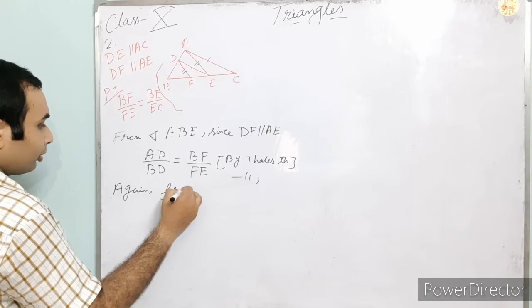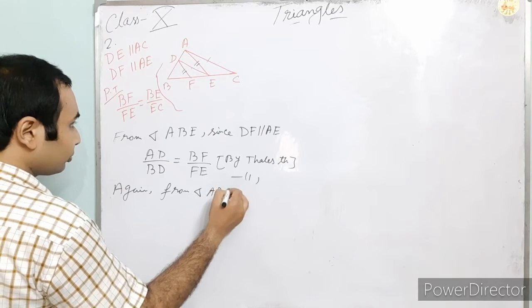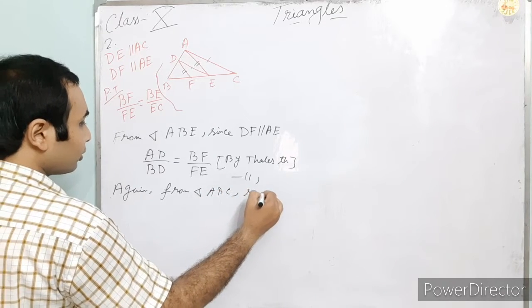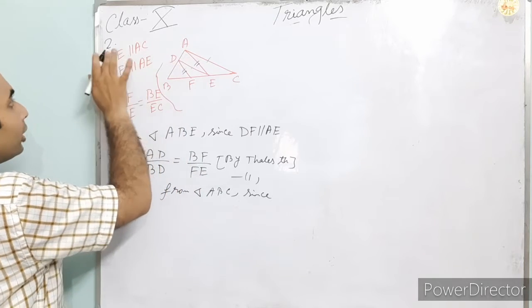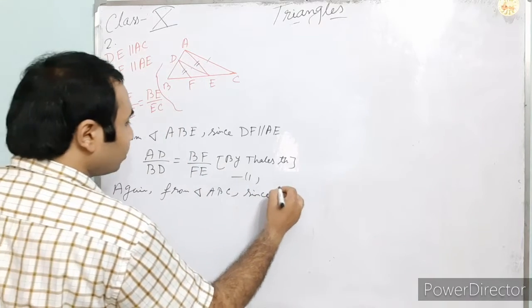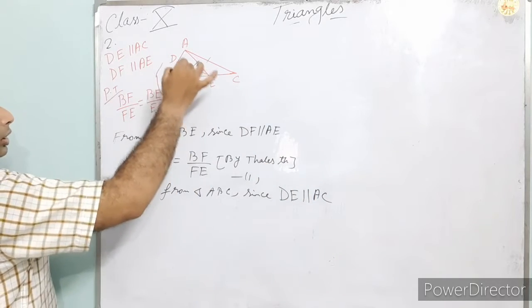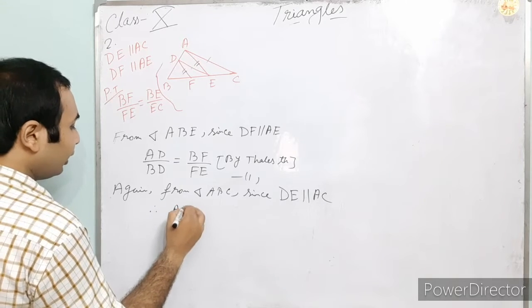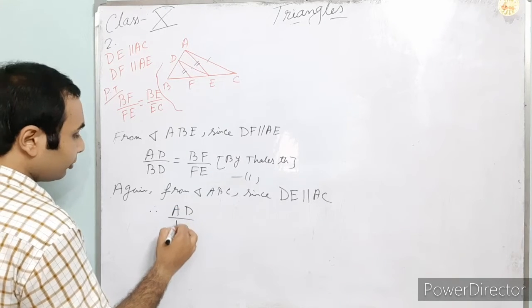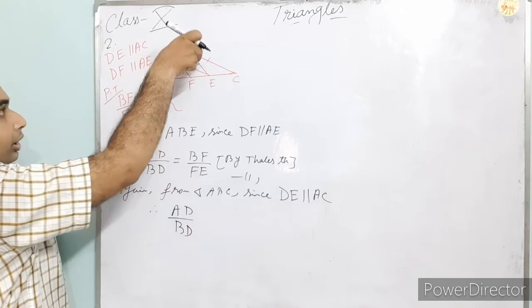Again, from triangle, the total one now, ABC. Since DE is parallel to AC, again AD by BD. What are we getting?